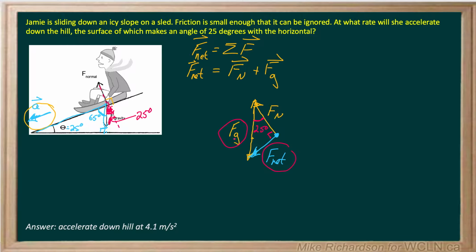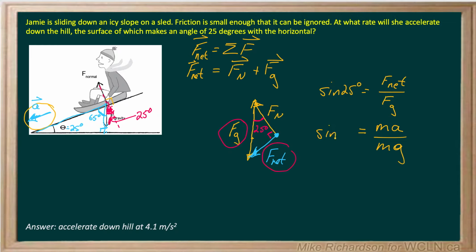Fg is the hypotenuse. And opposite over hypotenuse is sine. So I can say sine of 25 degrees is opposite over hypotenuse. There's my starting point. And now we can go ahead and put in our equations. F net is always ma. Fg is always mg.